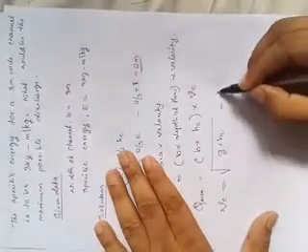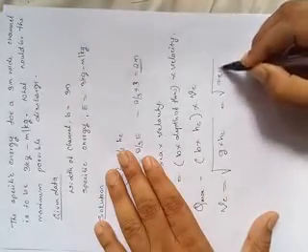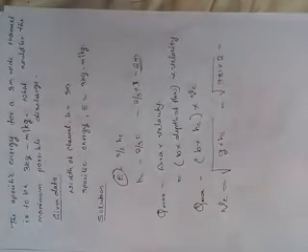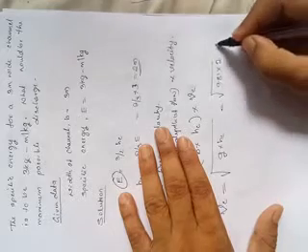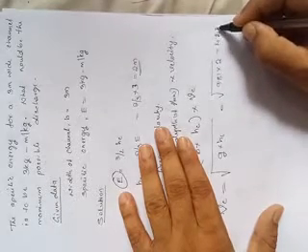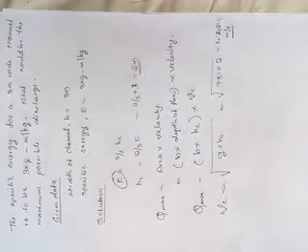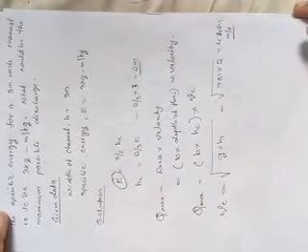So 9.81 into HC is 2 meter. So what is the value? Just check it. It is 4.424 meter per second.